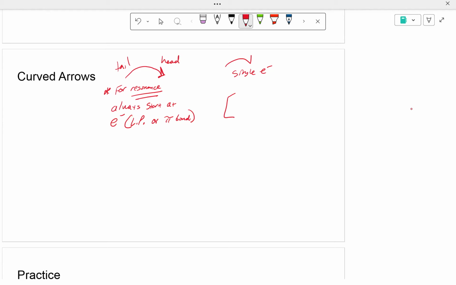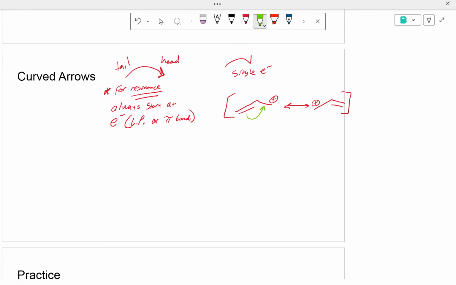So if we go back to our carbocation here, how do I show the transition from one resonance form to the next? I'm going to use a curved arrow. Let me change colors here. And I move it towards an adjacent atom.